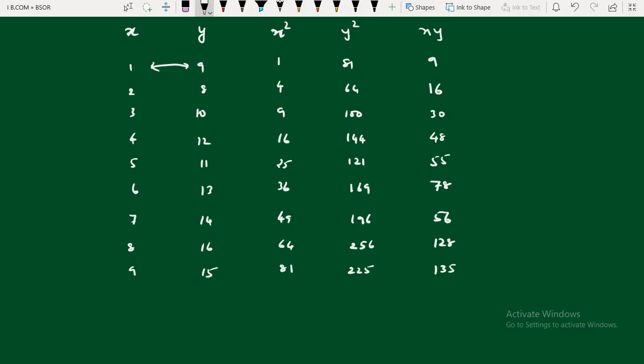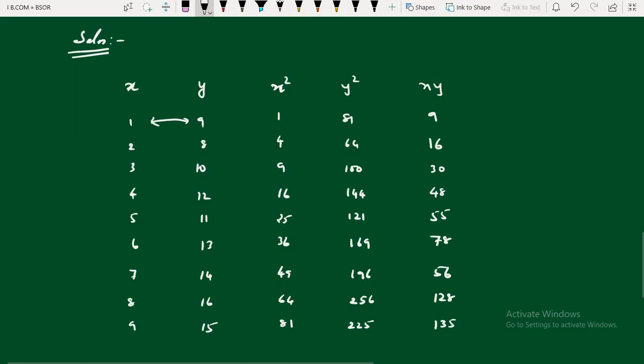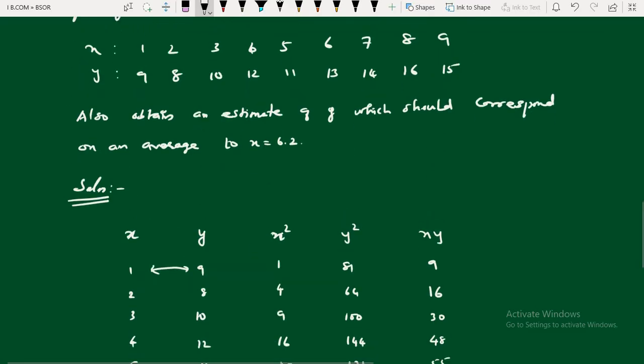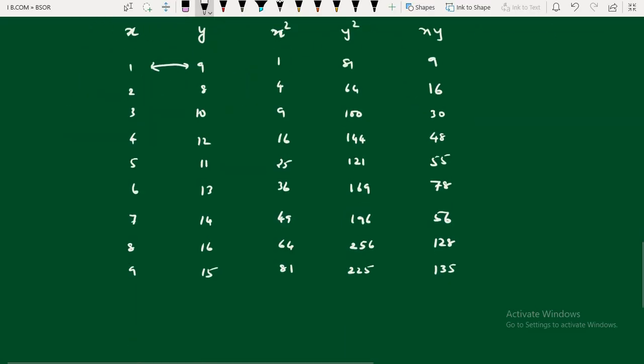Right, now sum all those values because we need all the sums. First find the summation x: sum all the 9 values, 10, 20, 30, 40, 45.